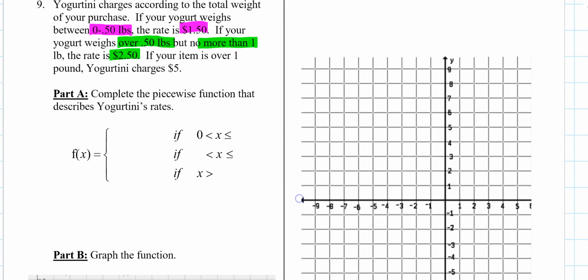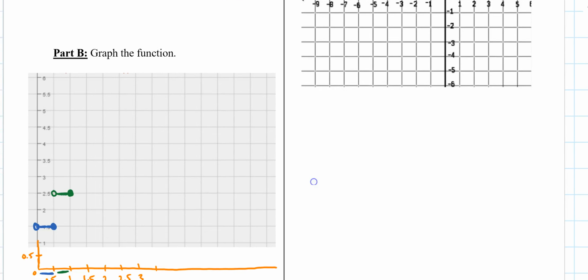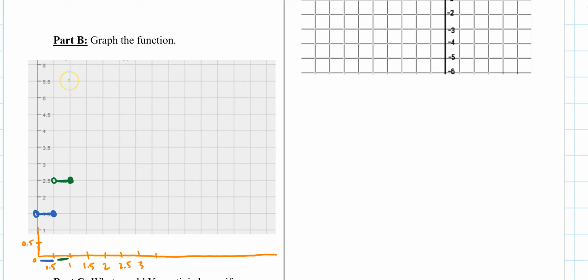And then the last statement, if your item is over 1 pound, they charge you $5. So whether it's 1 pound, 2 pounds, 3 pounds, 4 pounds, 5 pounds, it's going to be $5 no matter what. So from 1 pound, which is going to be right here along this line, we go up to $5.